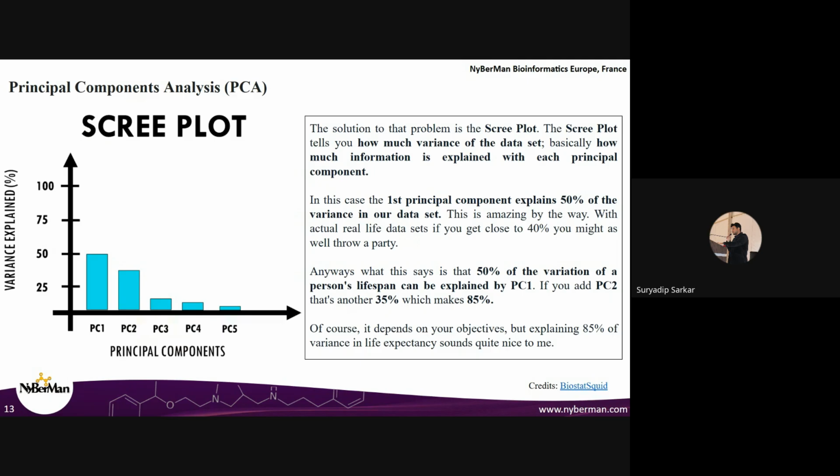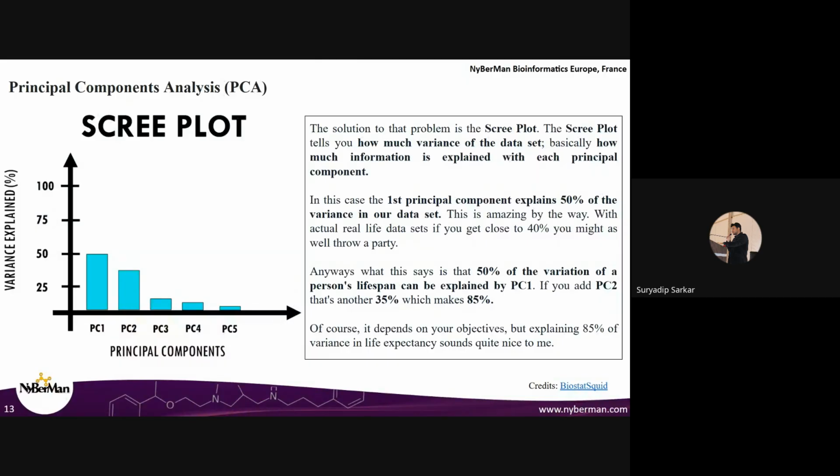Now of course, how much variance explanation you want for your dataset is completely subjective to you. It will change from study to study, but as a general rule of thumb, if your first two PCs together are explaining 85% of the variance in a quantity such as life expectancy, which itself is a highly varying data, it sounds pretty nice to me.